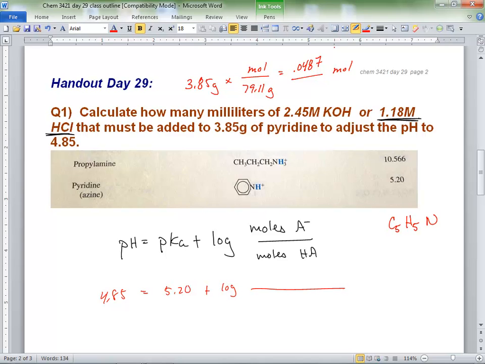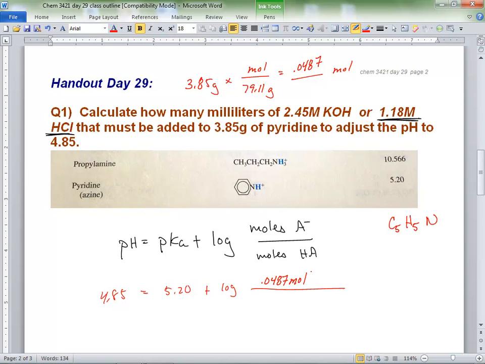Okay. Now we said that was the moles of the conjugate base. Let's try it without writing a mole table. See if you like it better this way. That's the moles of the conjugate base. Well, as we add this HCl, is it minus X or plus X on the top?